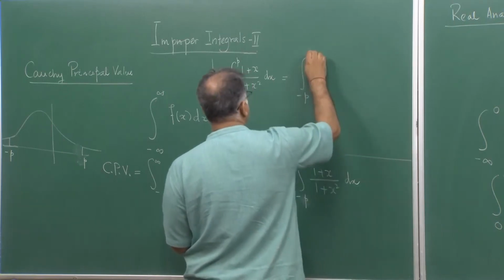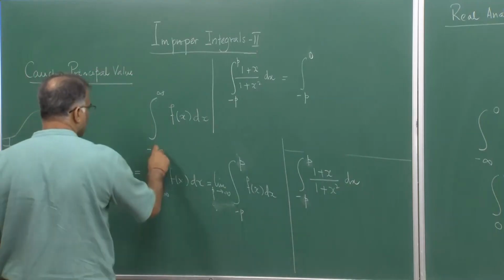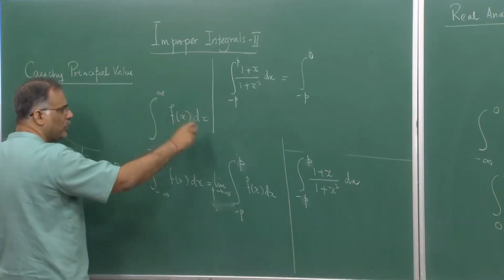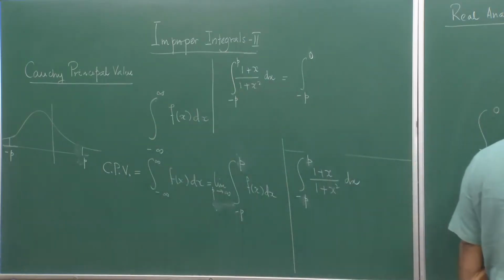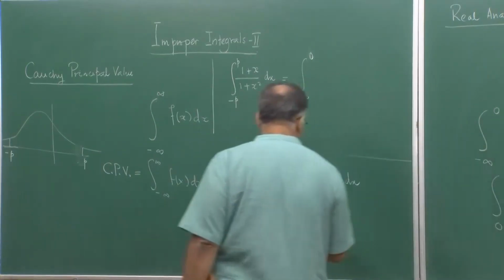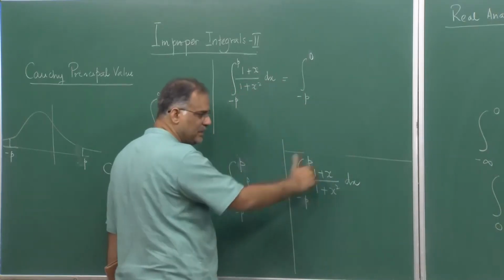Instead of breaking up the interval as minus infinity to 0 and 0 to plus infinity and trying to evaluate the limits separately, I am going to break up this integral into two parts, because that is the easy way to do this integral.